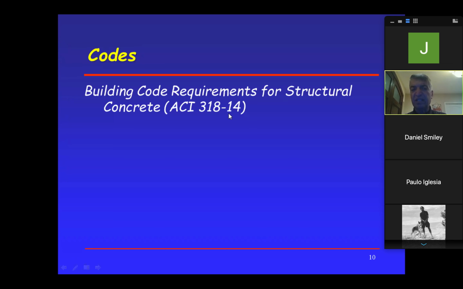Now, this code, who comes up with this code? Professionals, professors, practicing engineers who've been working a lot with that, people who are doing research on this, and then they keep improving the material. Every time they come up with a new thing, they change the code, but the gist of it stays the same. So again, the ACI code is number one in the world, and a lot of countries adopt that.